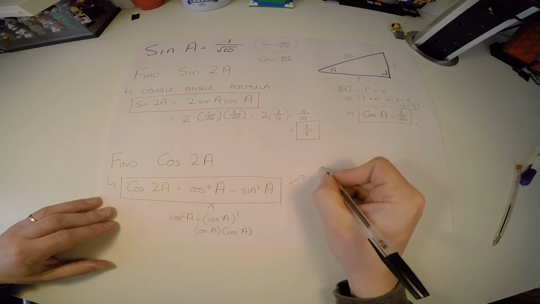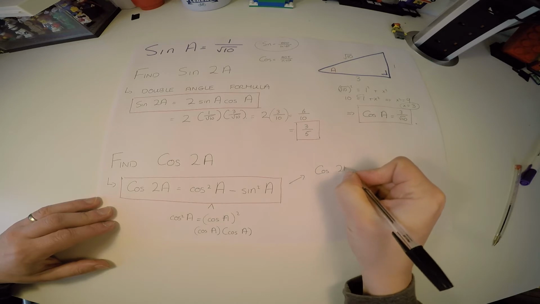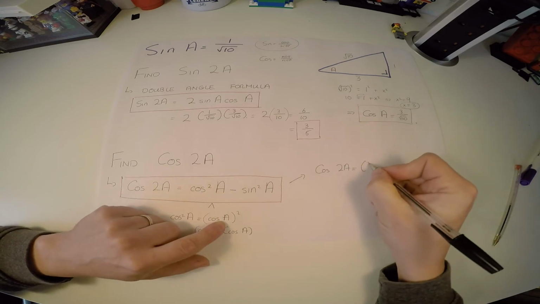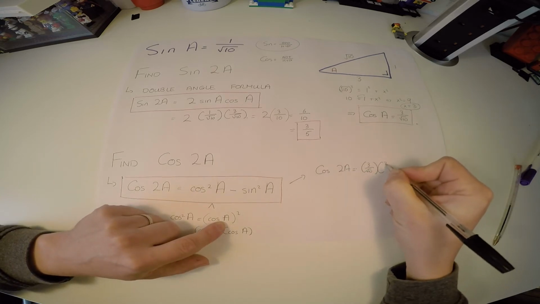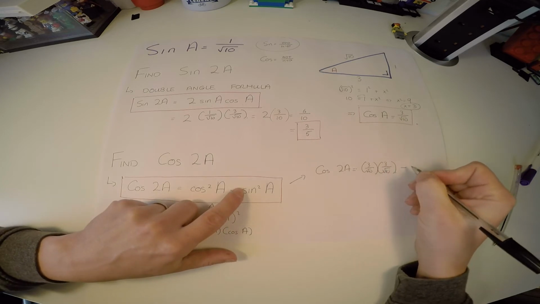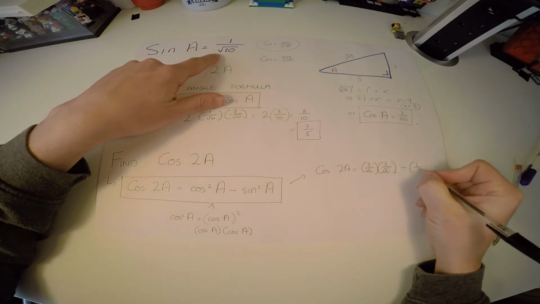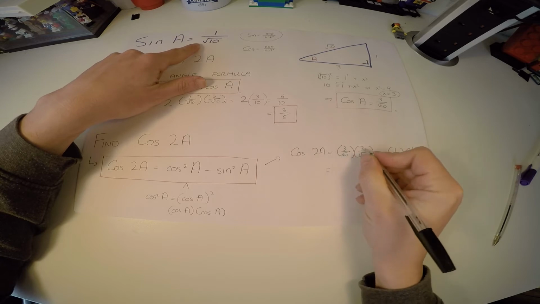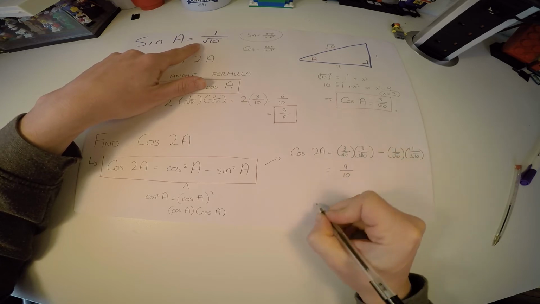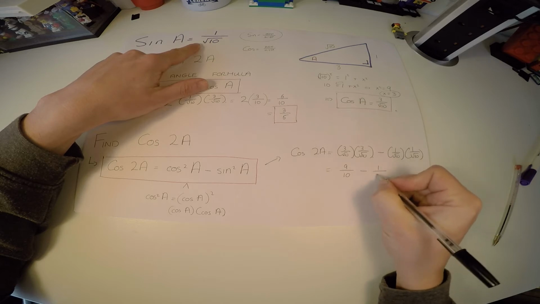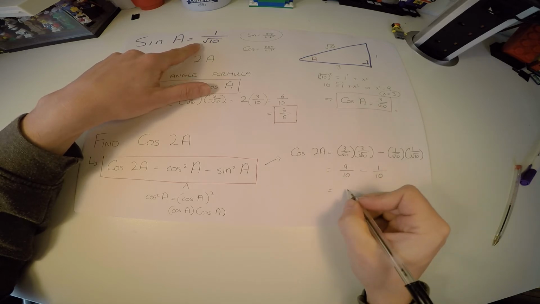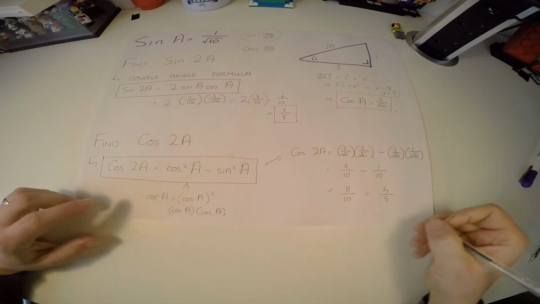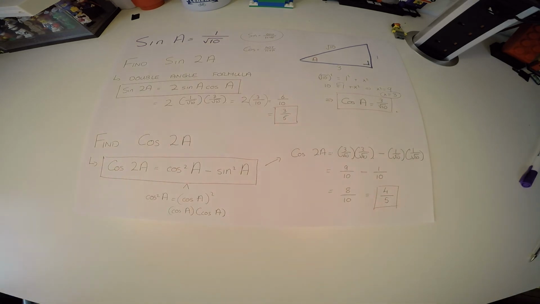So the cos of 2a is cos a by cos a, which is cos squared a, so cos a is 3 over root 10, so that's 3 over root 10 times 3 over root 10, minus sine squared a, so the sine of a was 1 over root 10 times 1 over root 10. Now, 3 by 3 is 9, root 10 by root 10 is 10, minus 1 by 1 over 10. So 9 tenths minus 1 tenth leaves me with 8 tenths, and of course that simplifies to 4 over 5. So that's the first part done.